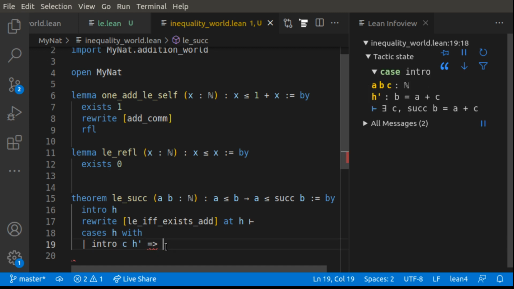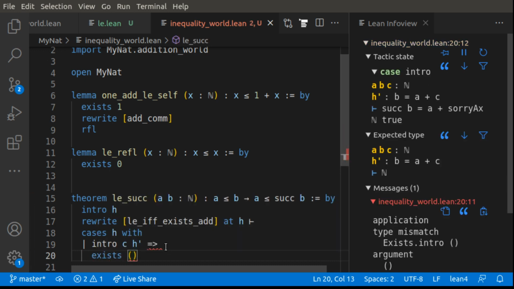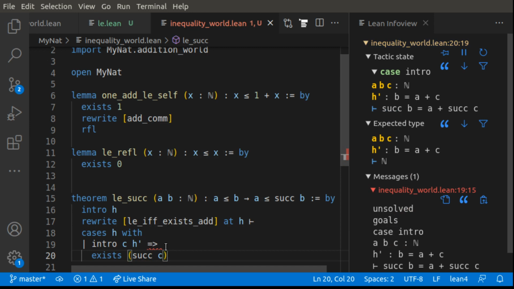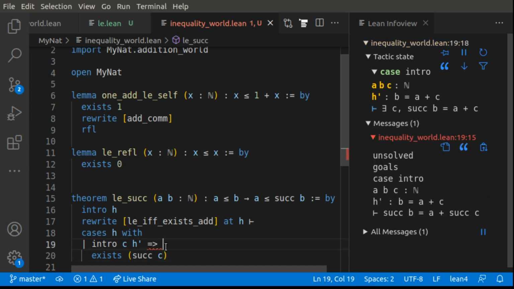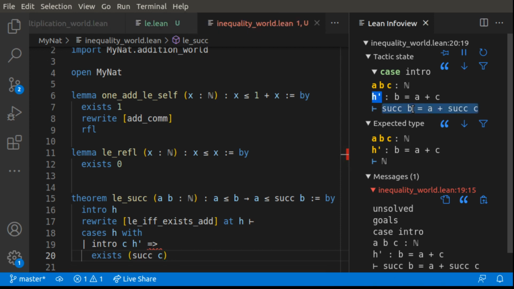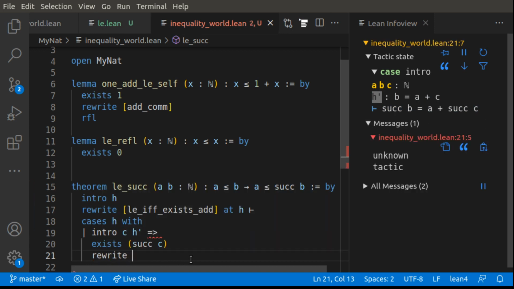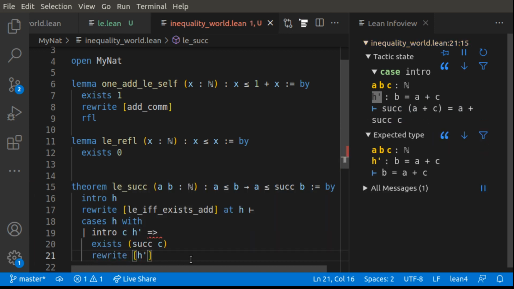I think here we can do something like exists successor of C. Okay, that gets somewhere. So now we have successor of B equals A plus successor of C, and our H prime is B equals A plus C. Now we can just rewrite H prime.